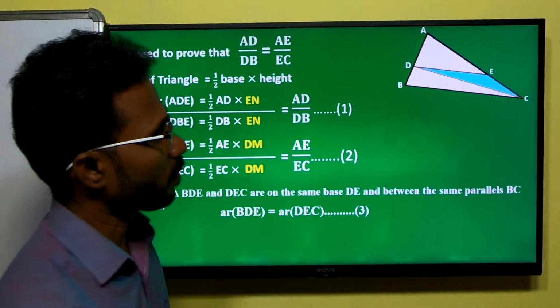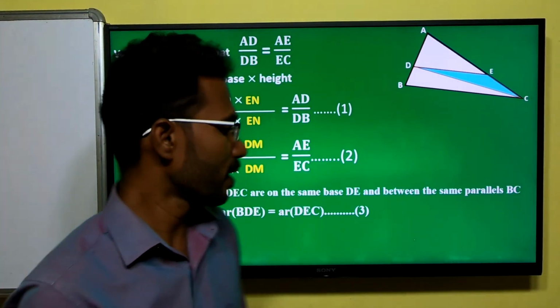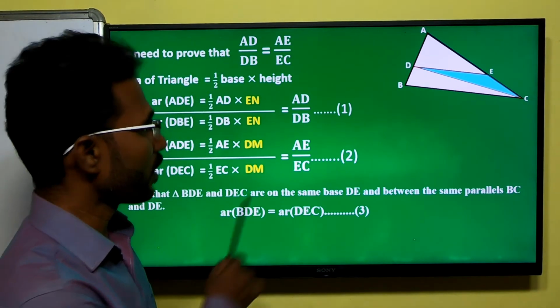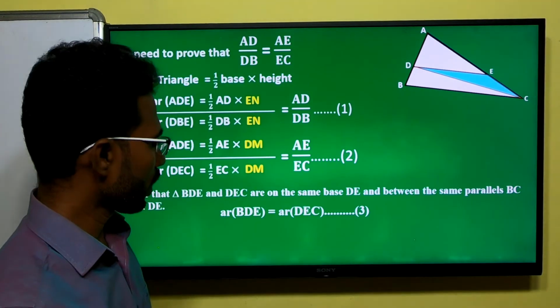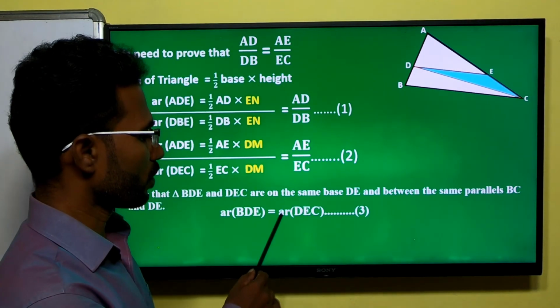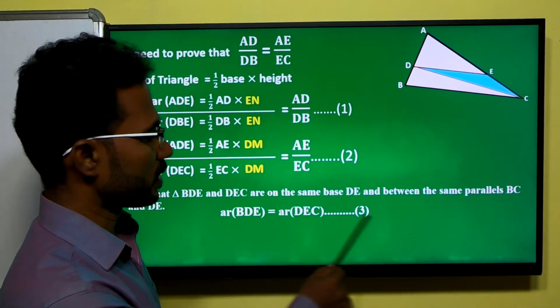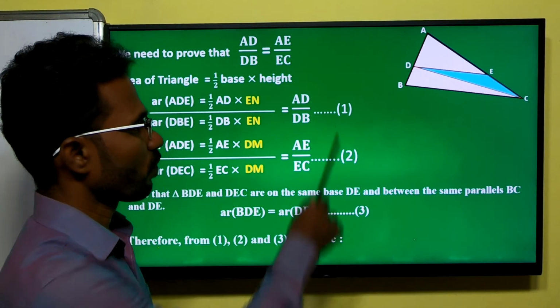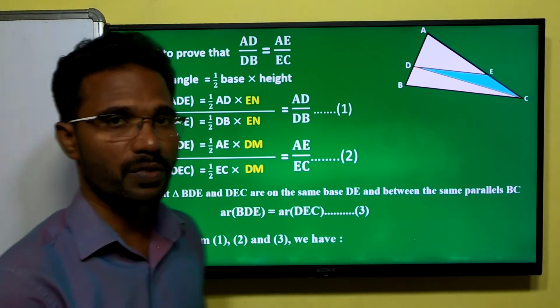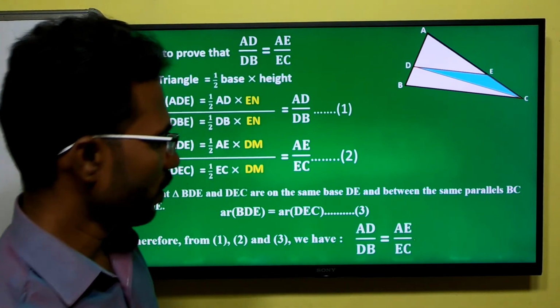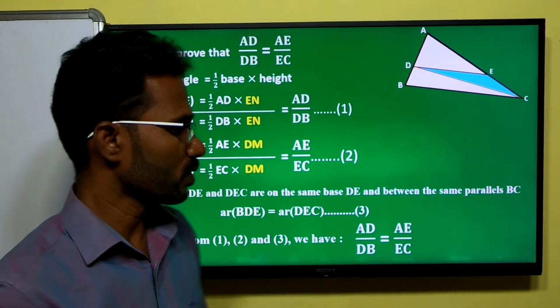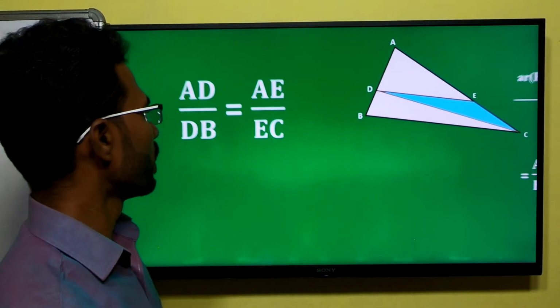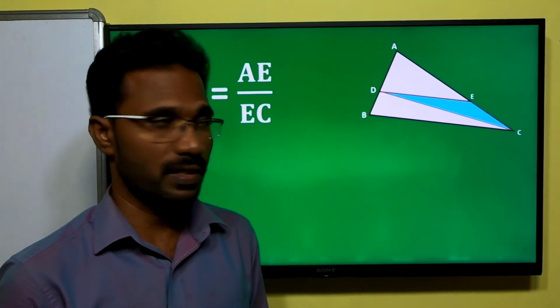The property we have already studied in 9th standard is that the area of DBE is equal to the area of DEC. So from equations 1, 2 and 3, we have AD upon DB equal to AE upon EC. Hence we prove AD upon DB equal to AE upon EC.